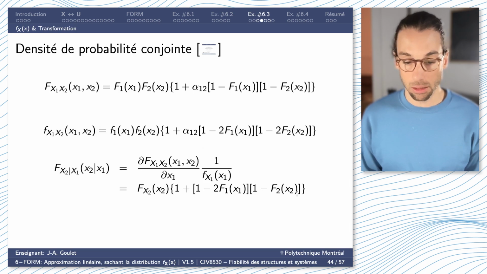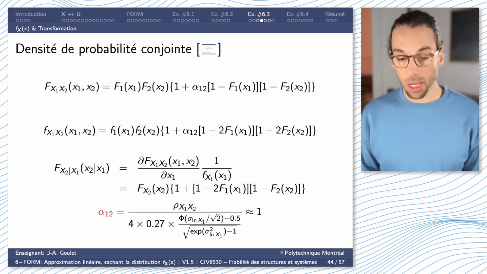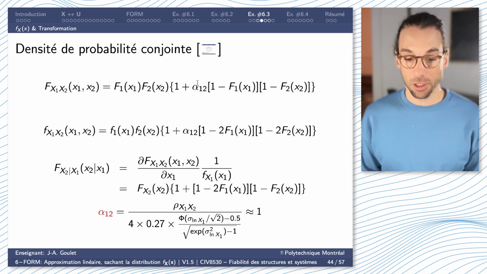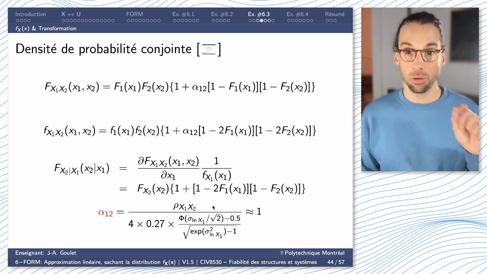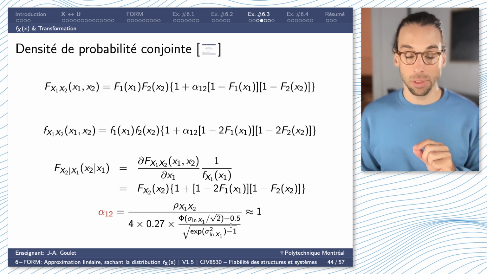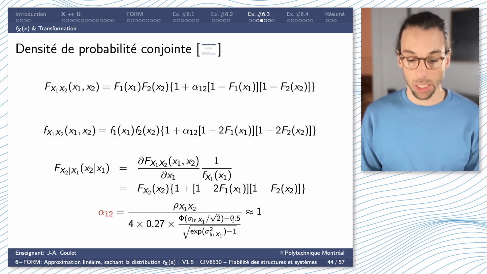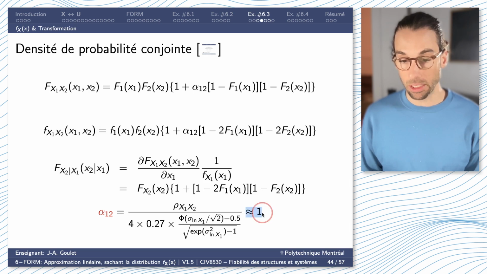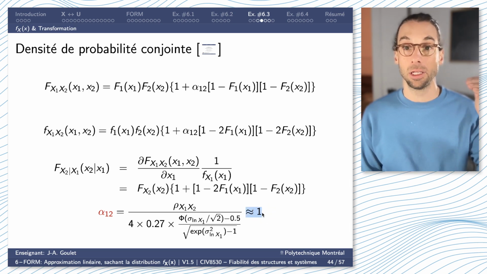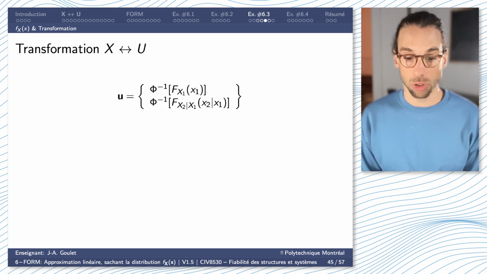My alpha term is equal to the correlation coefficient in the original space divided by 4 times qi qj, which can be obtained from the tables available in module 3. In this case, it is approximately 1 because we're at the upper bound of the correlation coefficient we can model with the Morgenstern distribution.